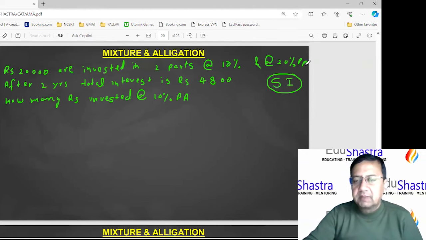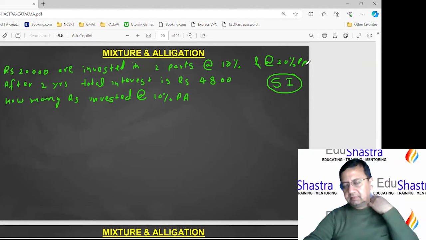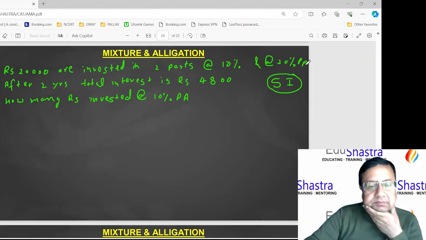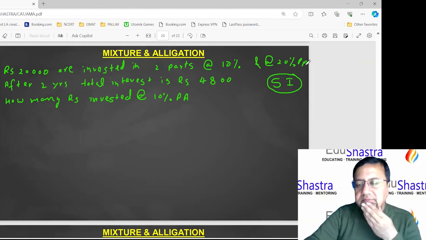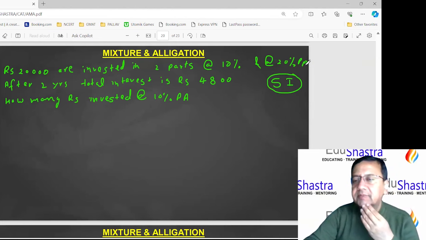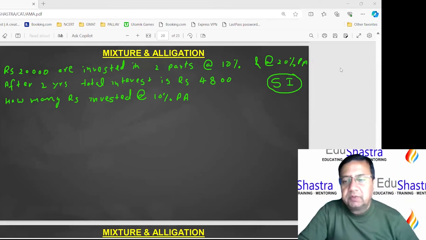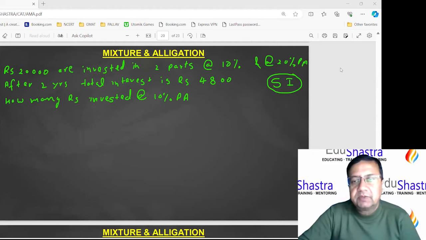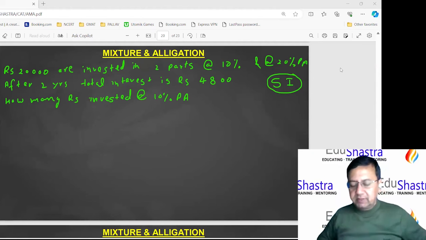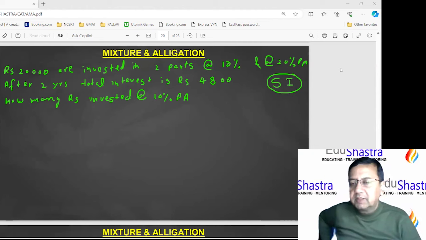Some answer for this? Nobody? No, Tejasvi, no. 19,500. So you mean to say that only 500 rupees are invested at 20% per annum, Tejasvi?